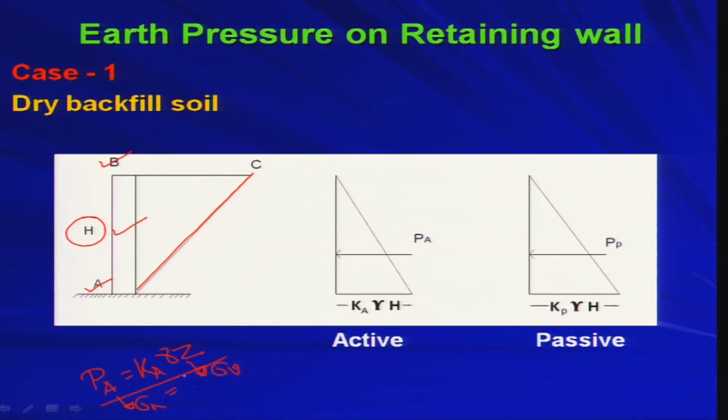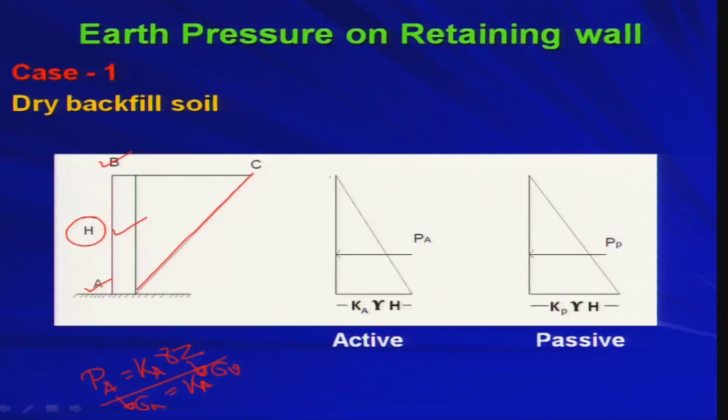We have already discussed this enough. When z is 0, the top of the wall, what is the active earth pressure on the wall? It is simply 0.